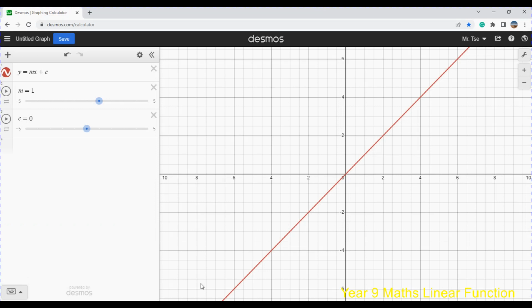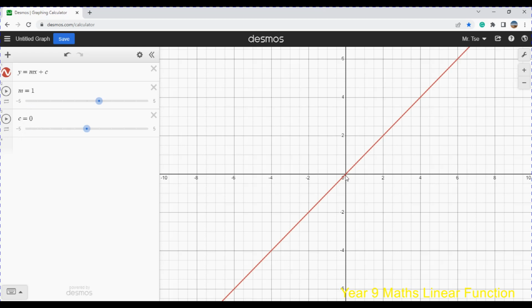In that program, right now you see on the left hand corner I've got an equation y equals mx plus c. For the value of m right now, I've set m being 1 and the value of c is 0.